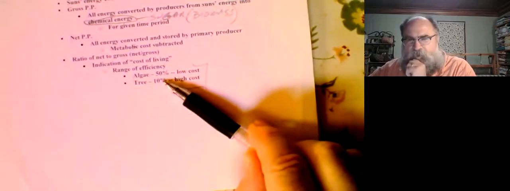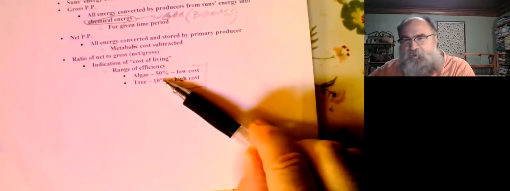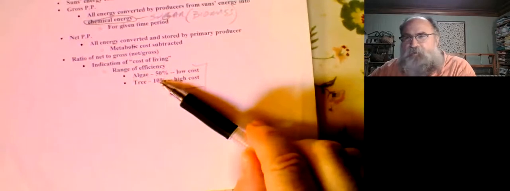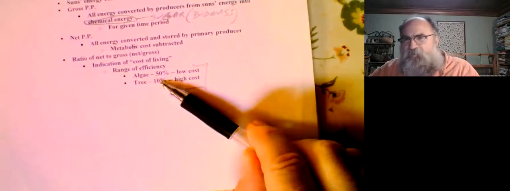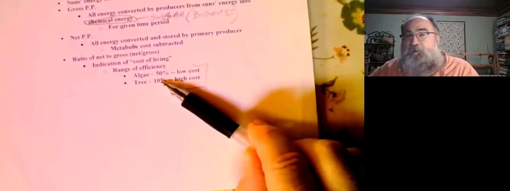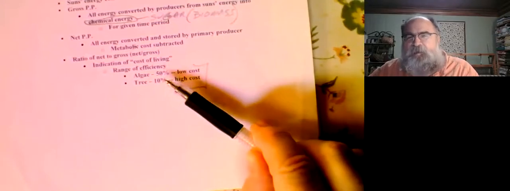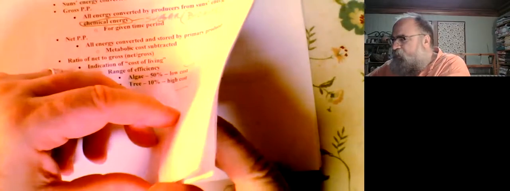When we look at a tree, it's only 10%. You got 100% of the energy coming into the tree, all that photosynthesis going on, only 10% of that energy gets converted into the sugars, the starch, the carbohydrates that make new tree, just 10% new tree. So there's different kinds of efficiencies, particularly in the plants. Let's go to the next page.